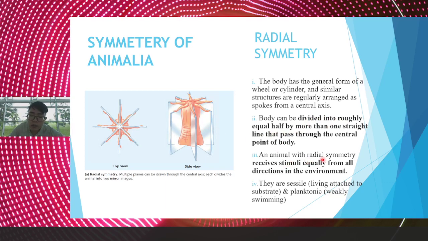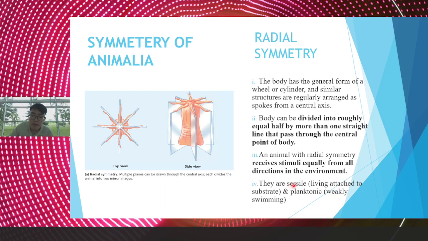An animal with radial symmetry receives stimulus equally from all directions in the environment. So this means that an animal that has radial symmetry will receive the stimulus equally. If this part receives stimulus, this part will also receive stimulus. The stimuli are equal.